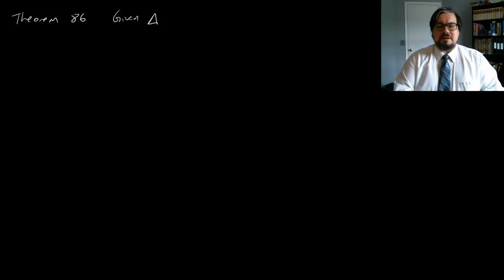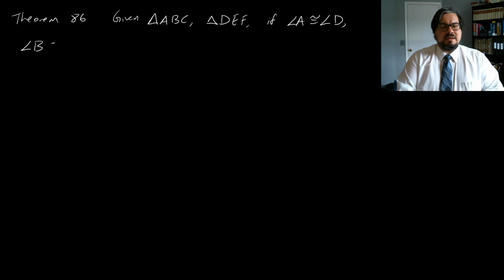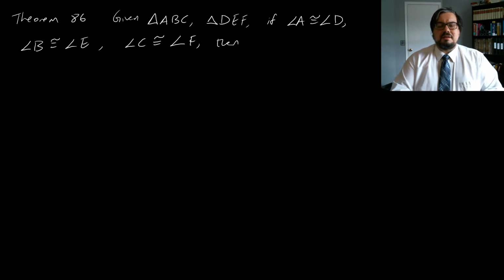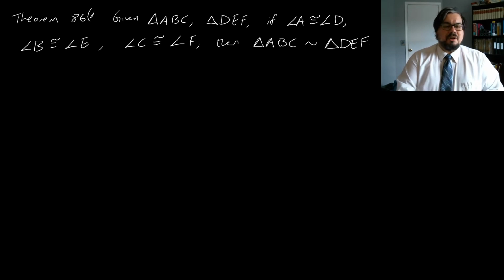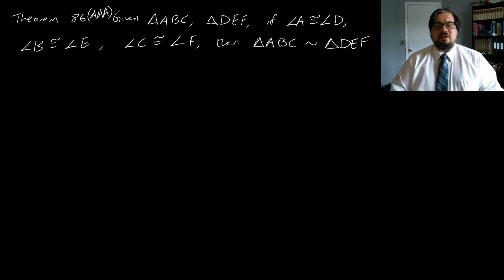So theorem 86 says, given two triangles ABC and DEF, if angle A is congruent to angle D, angle B is congruent to angle E, and angle C is congruent to angle F, then the triangle ABC is similar to the triangle DEF. This is often known as the angle, angle, angle theorem.